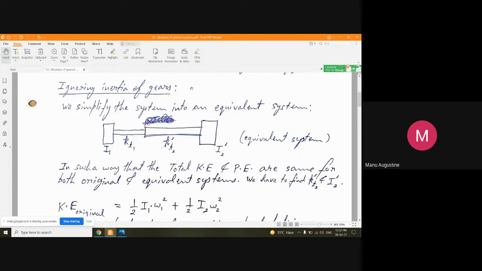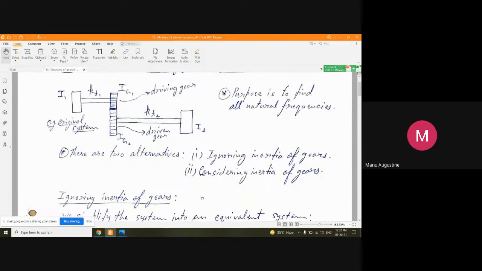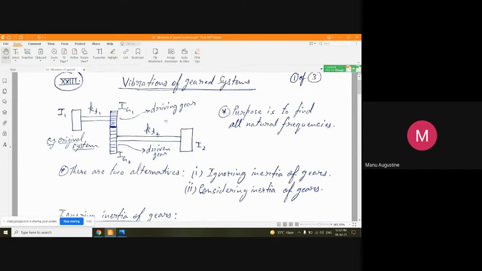For example, initially we studied that if we have a geared system like this, it is connecting two shafts and each of the shafts is carrying its own inertia element. So this particular figure could actually be representing any sort of driving mechanism. The first inertia element could be the engine, and the second inertia element could be the thing that is being driven.